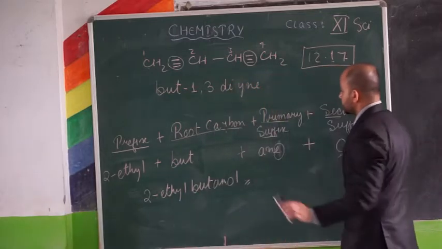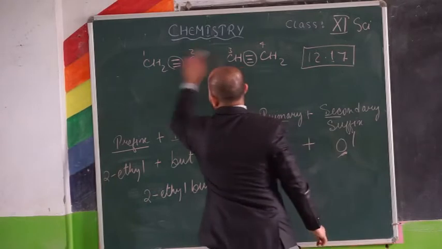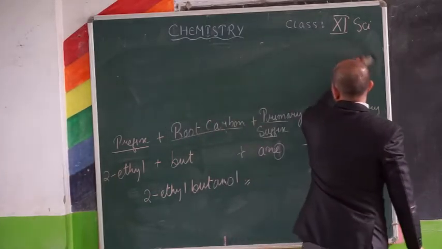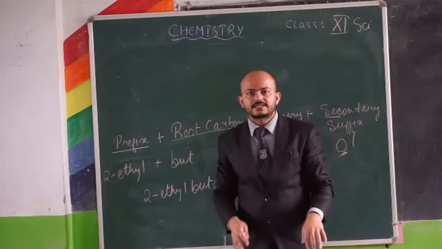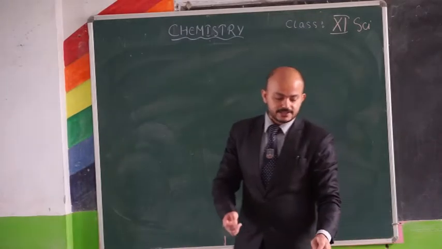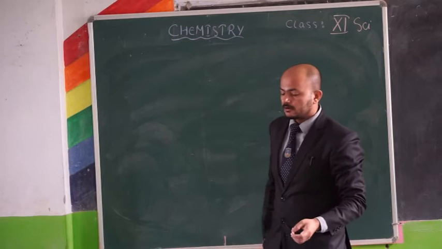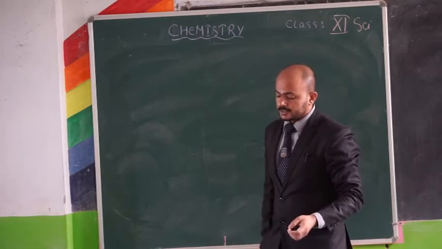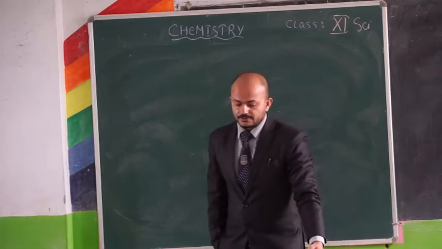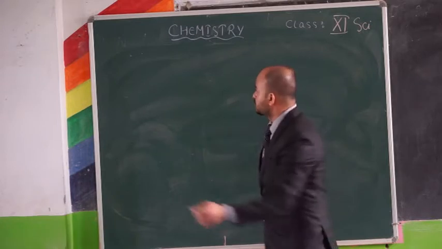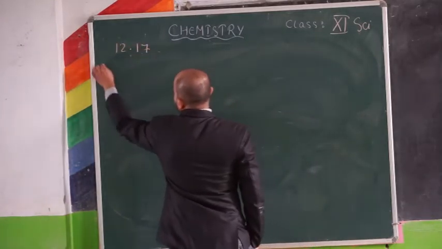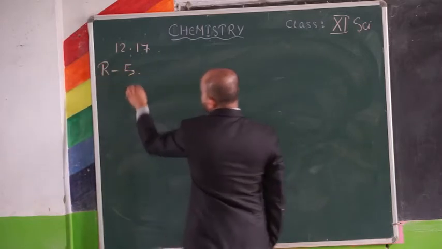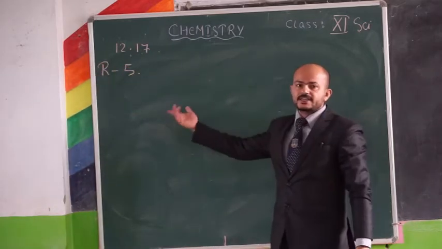That would be clear. Now we are going to discuss a compound where you have a double bond as well as a triple bond. Let's discuss rule number 5 of naming compounds containing multiple bonds, which is on page number 12.17. Rule number 5.